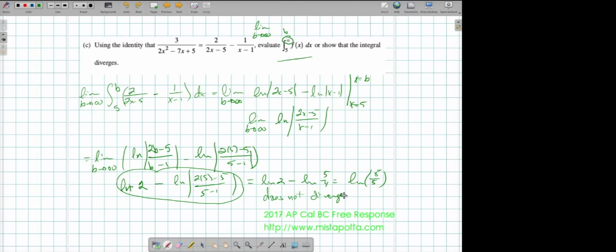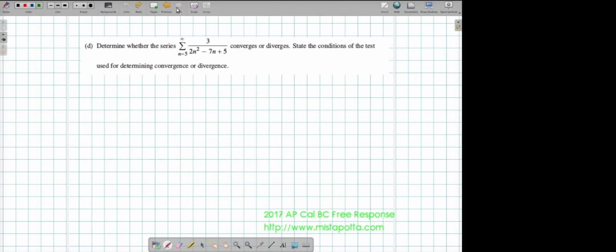And what's really nice is that this answer is going to help us answer Part D. At least it's one way that we can do it. Part D is asking if this sum 3 over 2n squared minus 7n plus 5 converges or diverges. Keep in mind that because f of x is decreasing, approaching 0, then we can use something called the integral test.